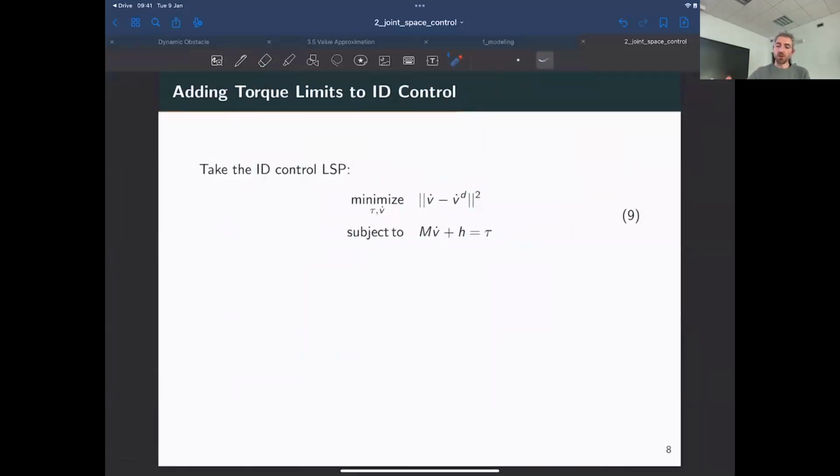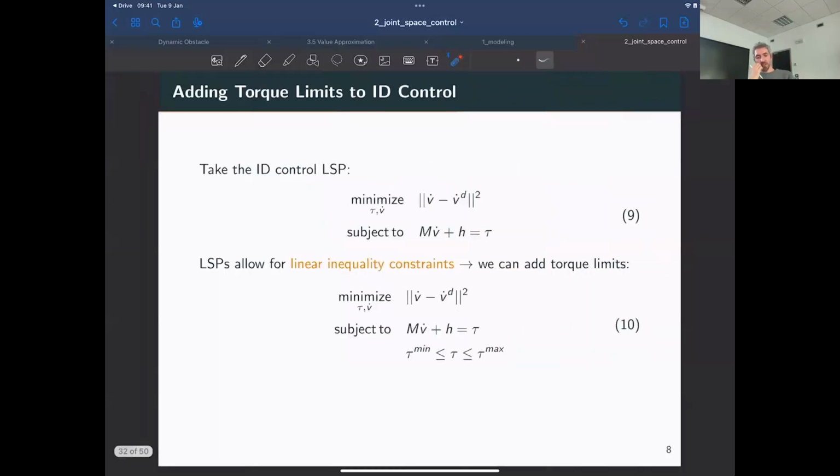Okay, so let's start from the problem formulation we have seen, this one, which is equivalent to the classic inverse dynamics control. And let's see how we can make this a bit more interesting. So one thing I would like my controller to be aware of is that my actuators don't have infinite torque. They have a limited amount of torque that they can generate.